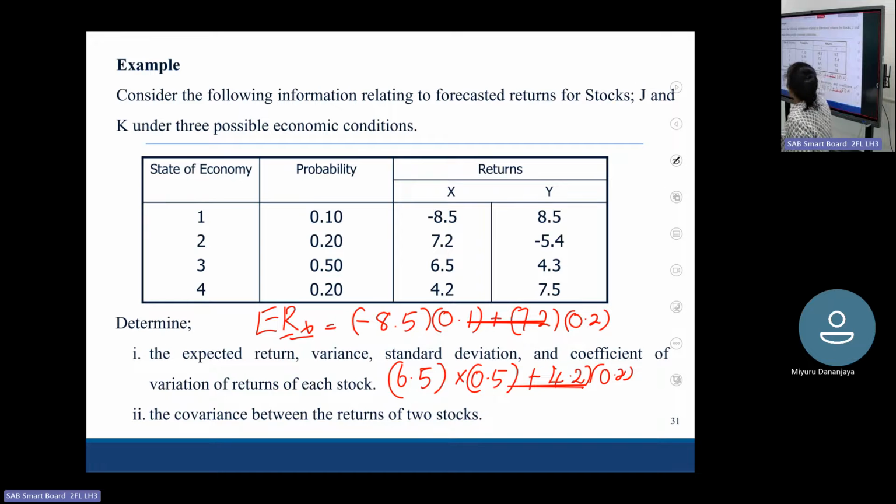So this is the expected return: minus 8.5 into 0.1 plus 7.2 into 0.2 plus 6.5 into 0.5 plus 4.2 into 0.2. The total is the expected return.